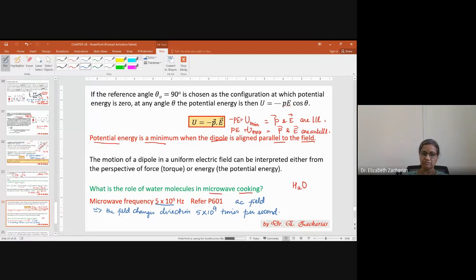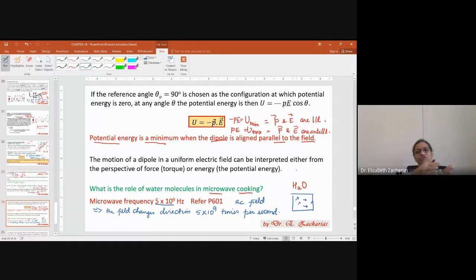That's pretty fast. So in your food material there will be a lot of dipoles like this, and each time these dipoles try to follow the direction of the electric field. They orient themselves in the direction of the field, but that instant the electric field changes direction.